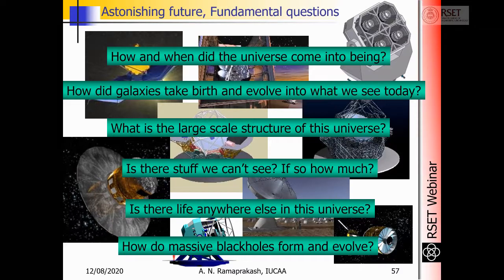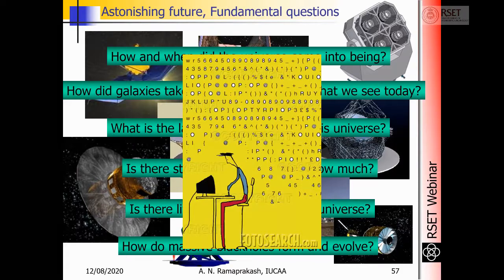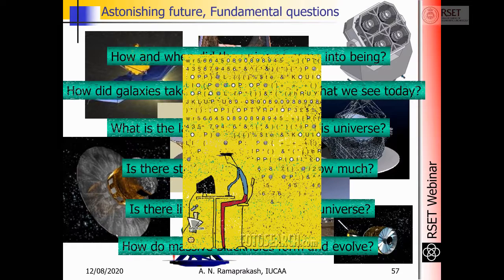And these facilities which are going to come up will produce an enormous amount of data. So if you are a data person who likes to handle large amounts of data, there is an amazing challenge available. And these telescopes are going to build together simulations.